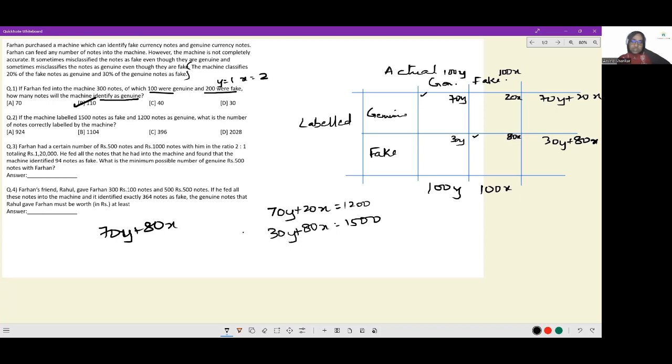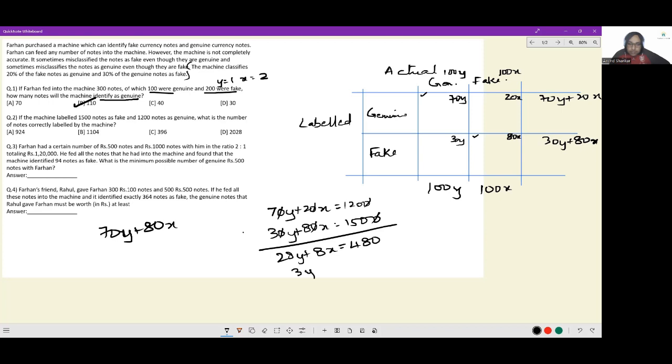But from these two equations, I can get the value of x and y. Let us try. First thing, I will get rid of all the zeros. Now I can quadruple the first equation. I will get 28y plus 8x is equal to 480.